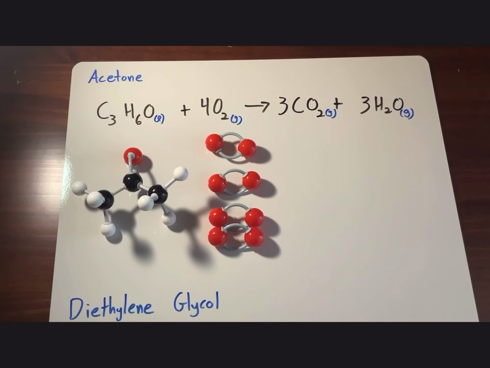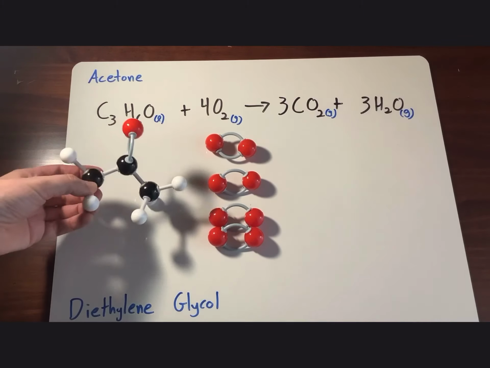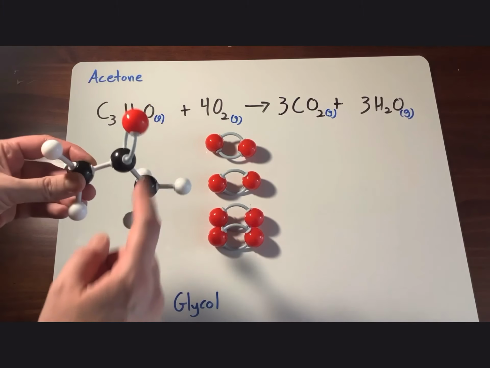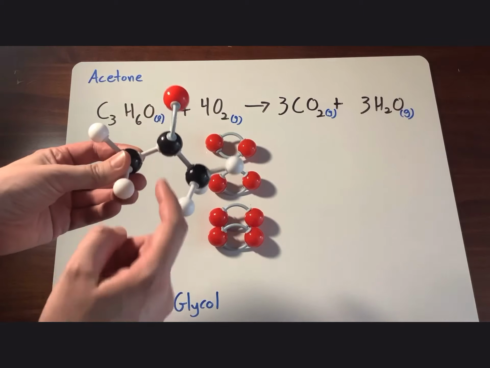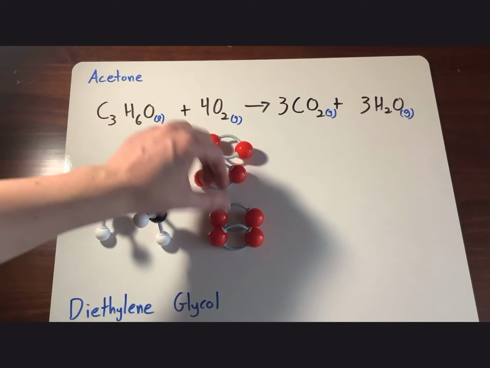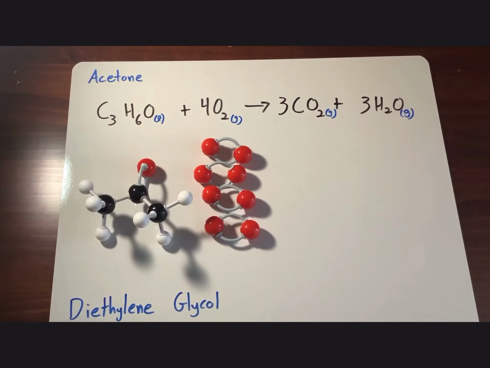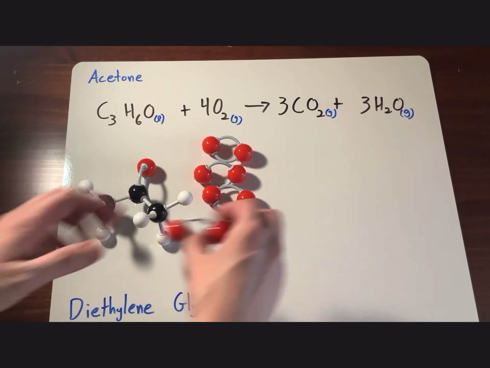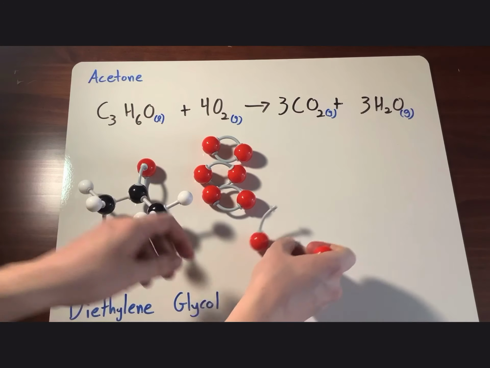We have the same kind of thing when we have the combustion of acetone. So here's our acetone again. Now again, red is oxygen, black is carbon, and white is hydrogen. Then we have four O2 molecules here. And then they just kind of rearrange themselves.